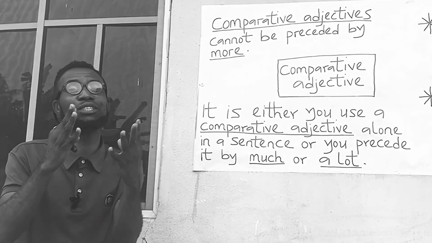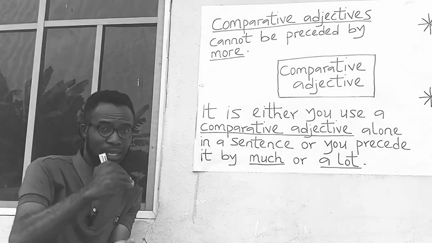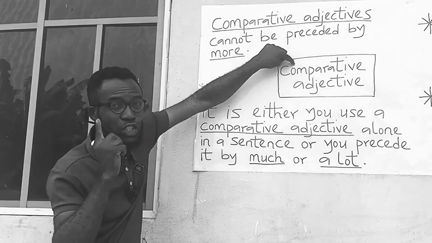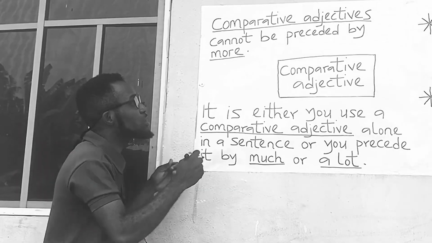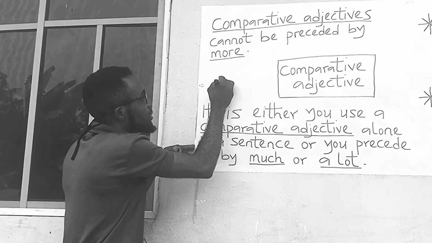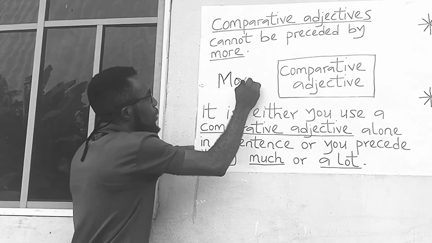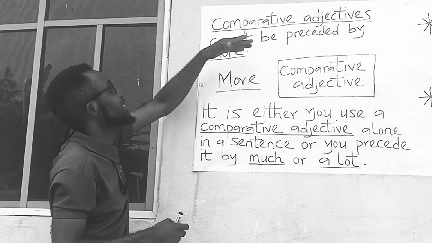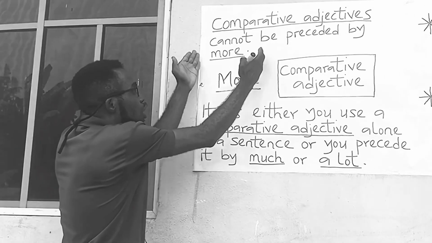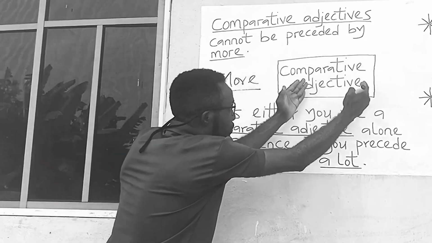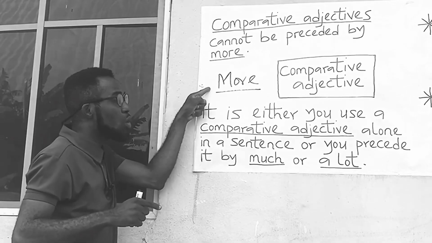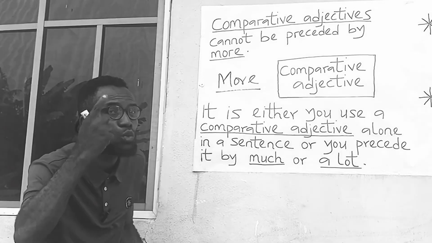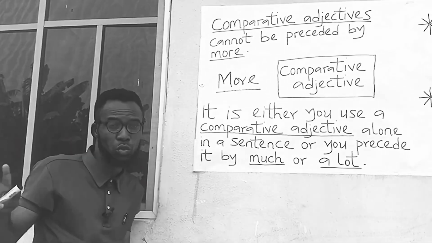I know you still don't understand. Let me break it down. If you say, for example, this is a comparative adjective, you cannot precede the comparative adjective by more. That is, you cannot use more and the comparative adjective. More cannot be used with a comparative adjective.